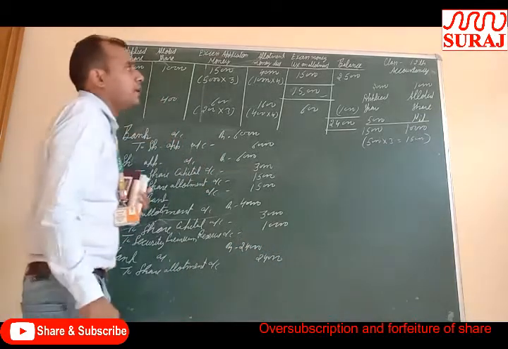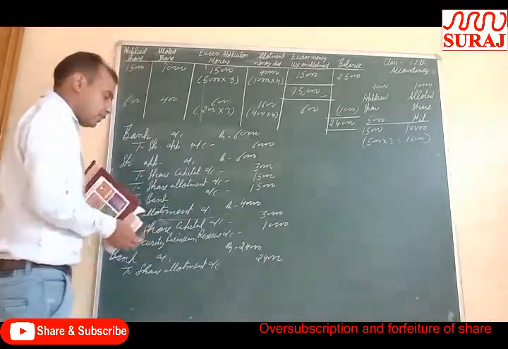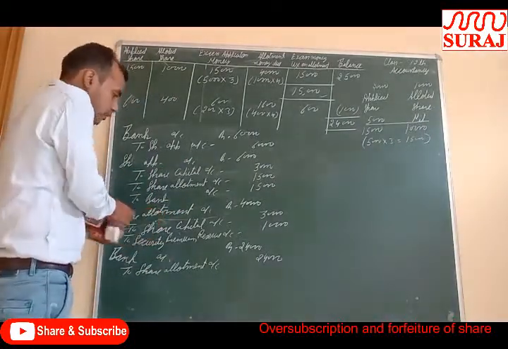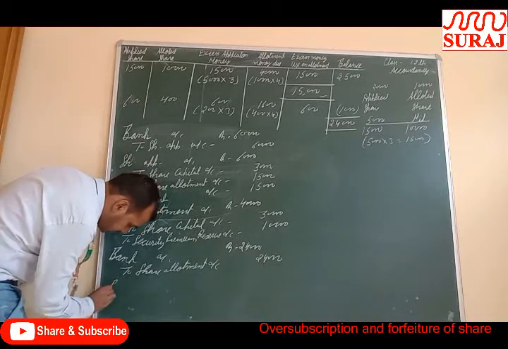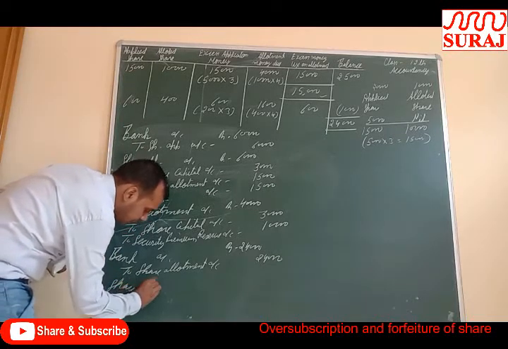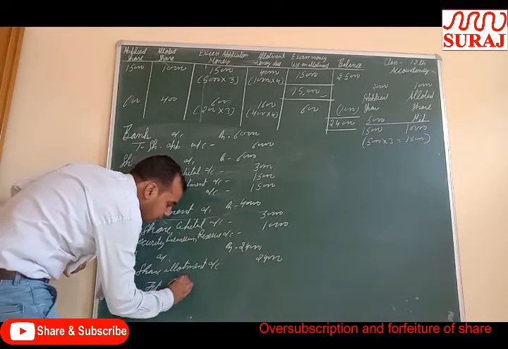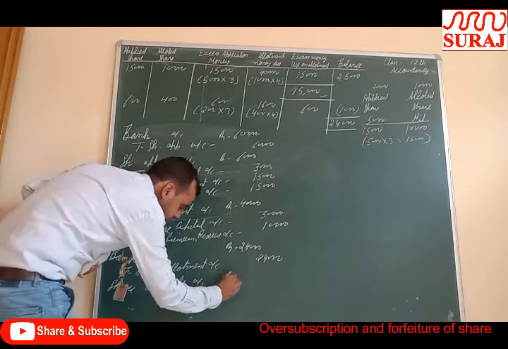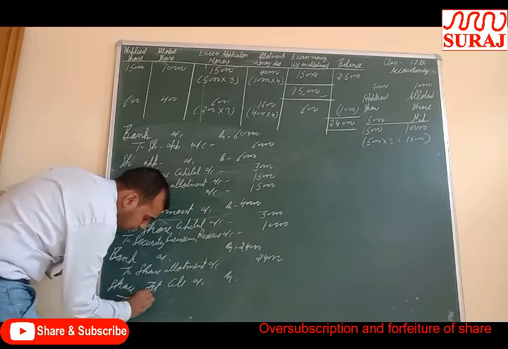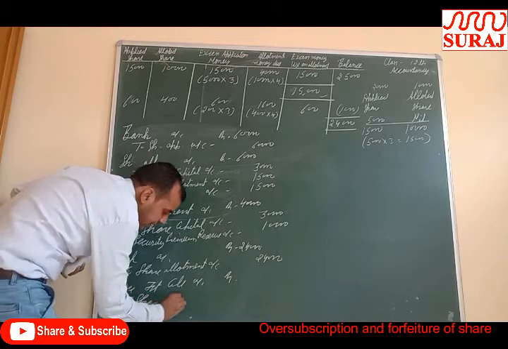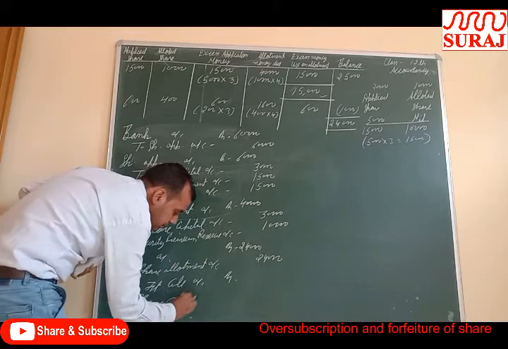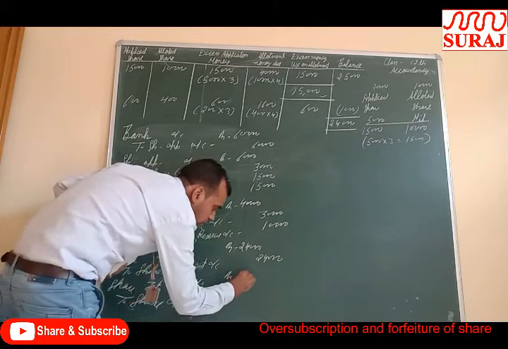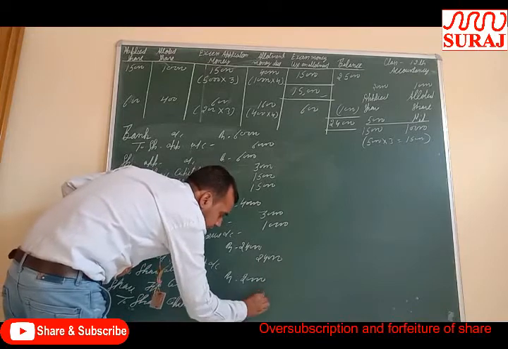Now the first call will be due. On one share first call ₹2, on 10,000 shares ₹20,000. Share first call account debit to share capital account, on one share ₹2, on 10,000 shares ₹20,000.